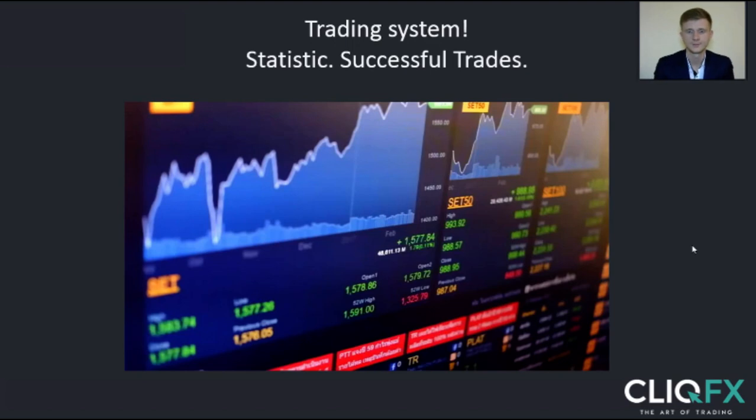Trading system. I think all of you have a trading system, and the main difference between all of us is the success of your trades and the ratio of successful trades that everybody is making, and how we can determine which trading system and approach are better. Just really easy, it's the statistic of successful trades, right?